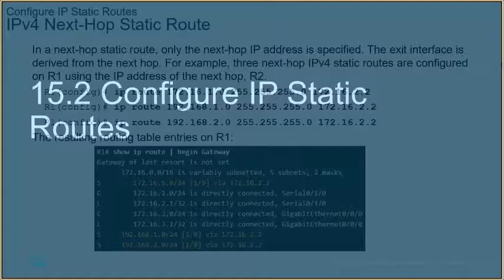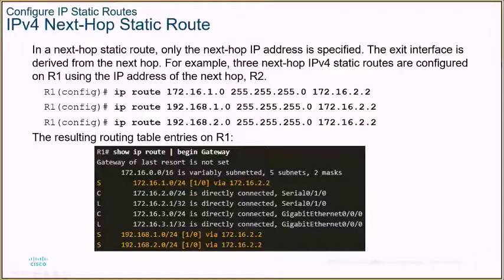Okay, so how do we configure IP static routes? In that topology we were looking at, on router 1, there were 3 networks that router 1 did not know about: 172.16.10, 192.168.10, and 192.168.20. They're the 3 extra routes that were required.